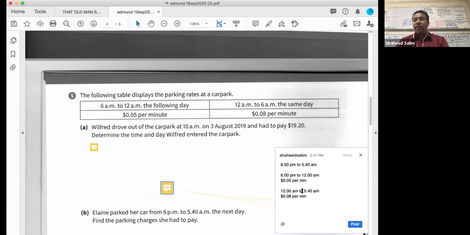Now you have this, you can calculate. How many minutes is this times by 0.08? How many minutes is this times by 0.05? And then plus them together. We try this, we try this.